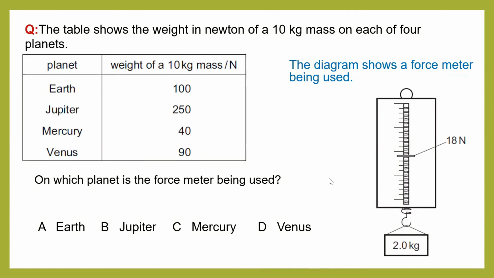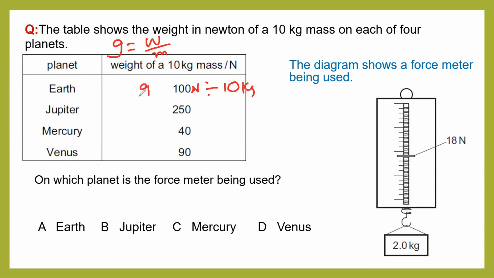So here we can do the calculation first. First of all, the formula to calculate the value of G equals W over M. We are going to use the same formula because that is the weight given in newtons. So weight given in newtons divided by mass, according to the formula, that is 10 kilogram.